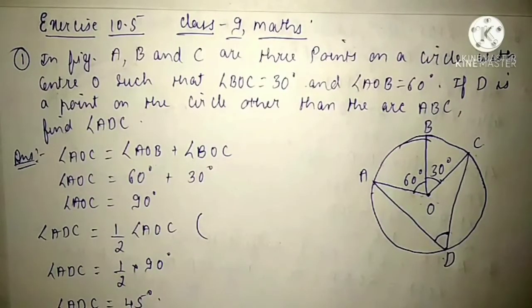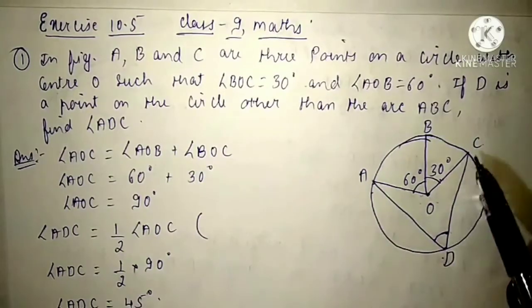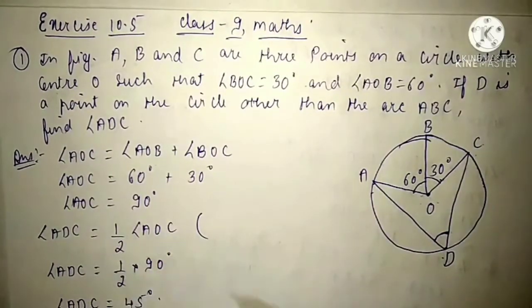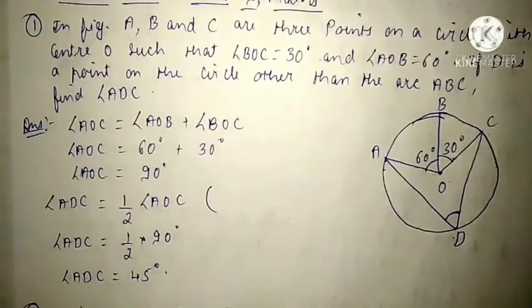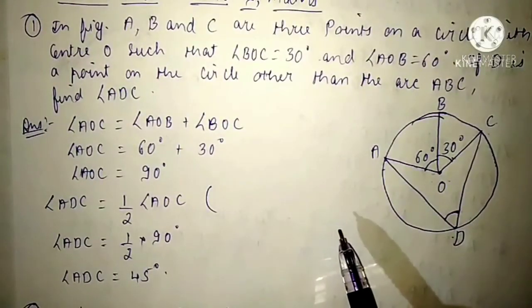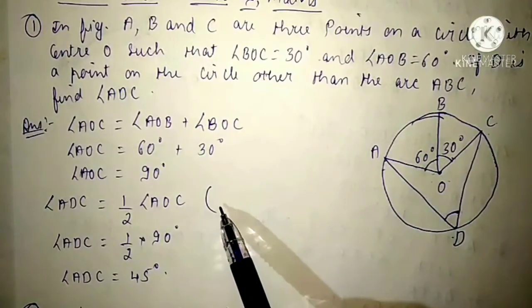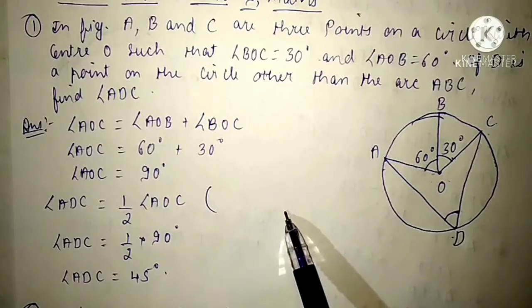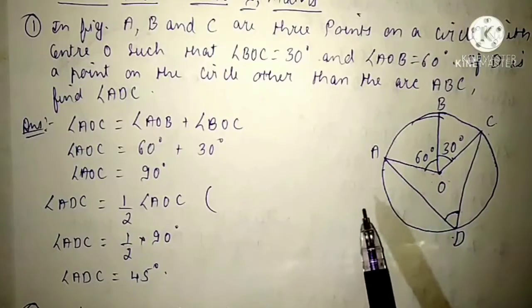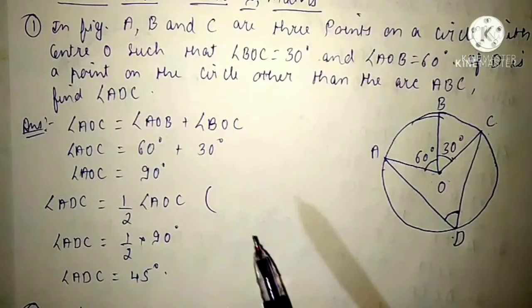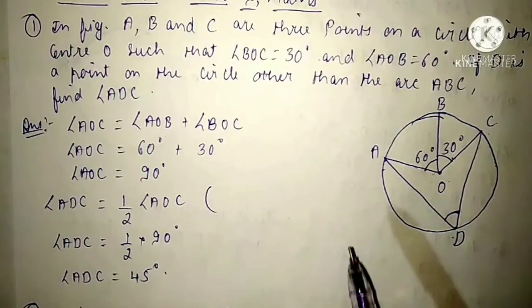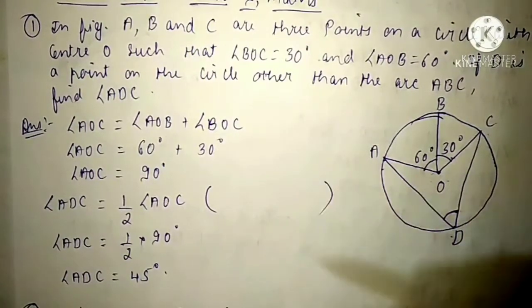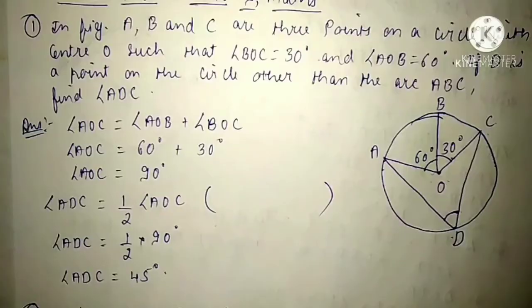So we can write angle ADC is equal to half of angle AOC, and in brackets you will write the theorem: that the angle subtended by an arc at the center is double the angle subtended by it at any point on the remaining part of the circle. Here you will write that theorem as the reason.